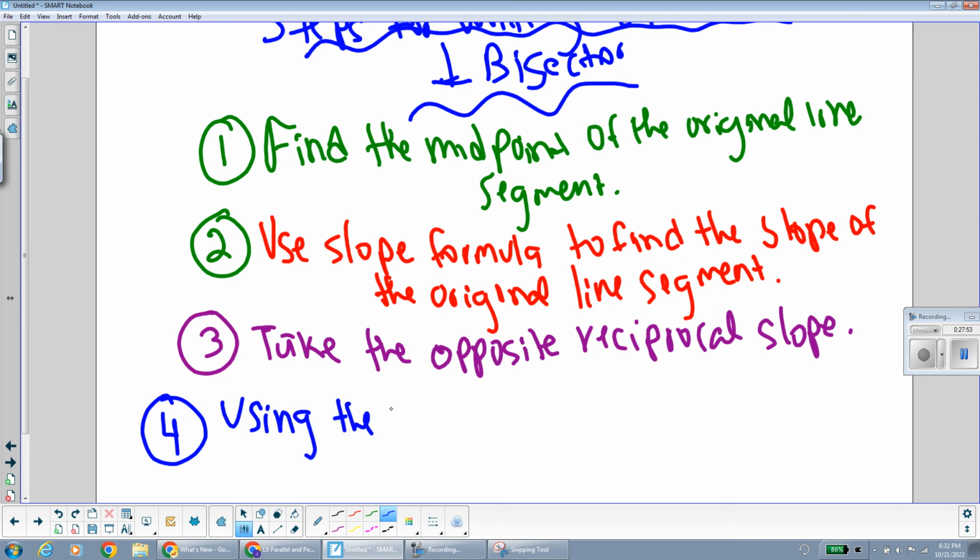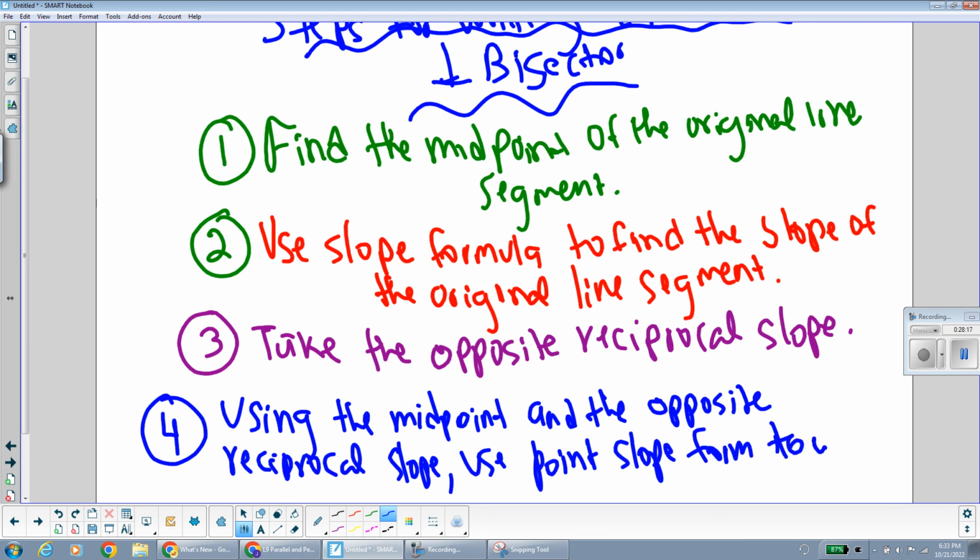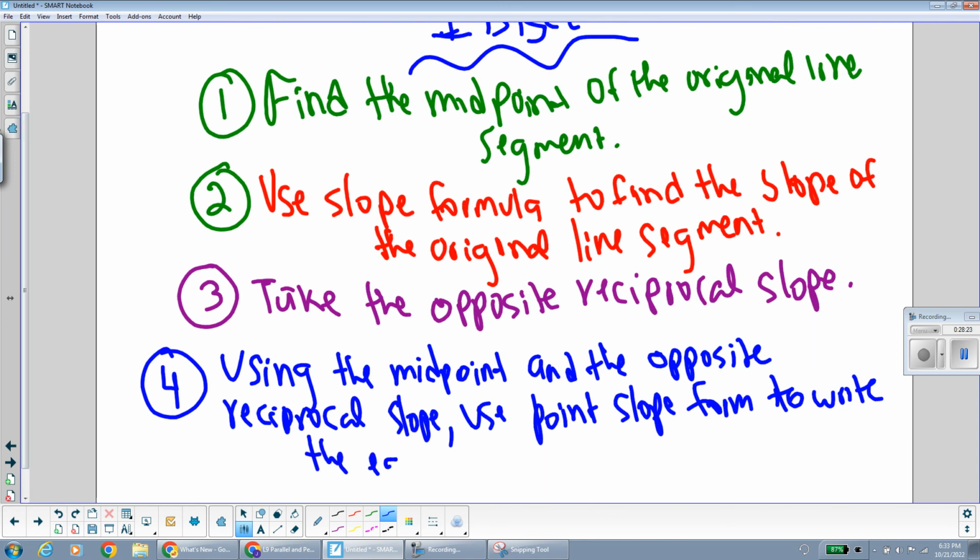Using the midpoint and the opposite reciprocal slope, use point slope form to write the equation of the perpendicular bisector.